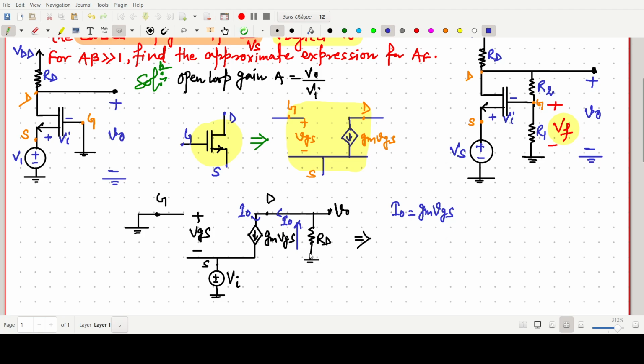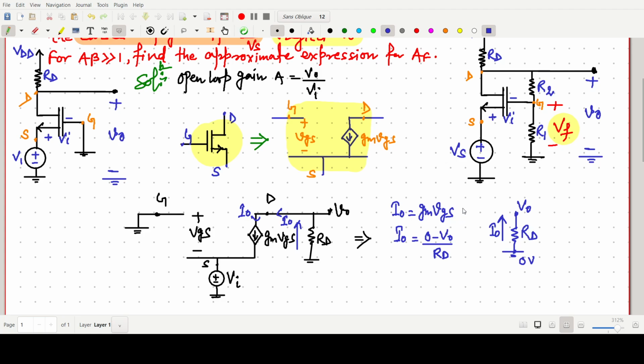And one more expression we can write for I naught. Across this resistance, if this one is grounded at 0 volt, and this one is V naught with some resistance Rd, this current is also I naught. So I naught can be written as 0 minus V naught upon Rd.